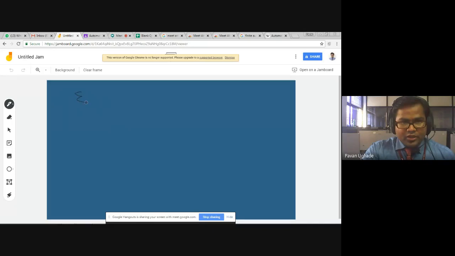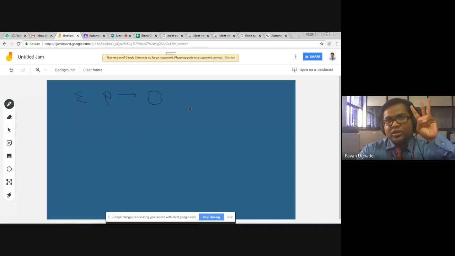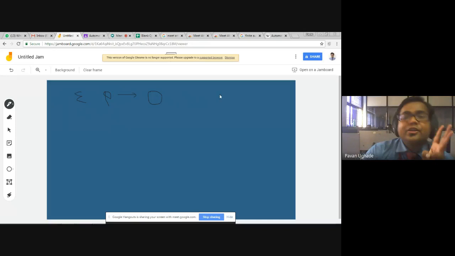We know we have this sigma. We know we have these states. Generally the states are represented with circles. In the set of states, there are three kinds of states.